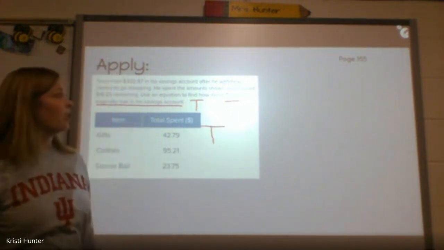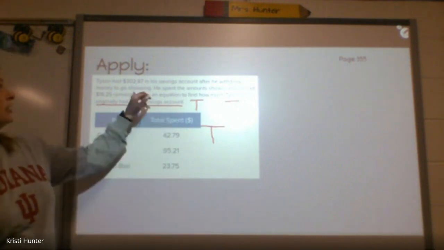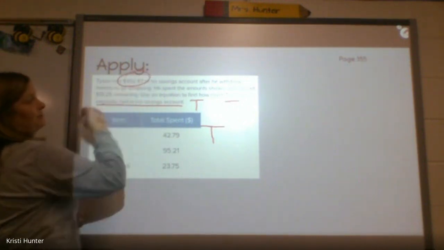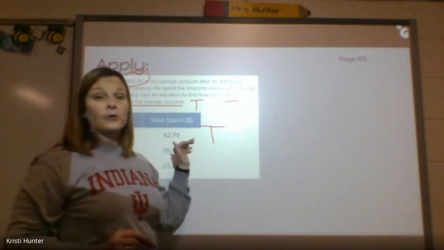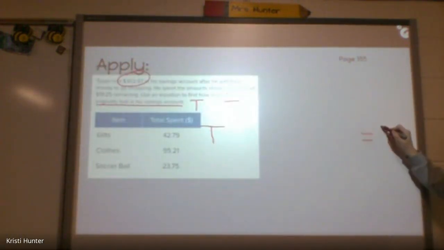So I don't know what Tyson started with, but here's what my problem told me. When he finished, this is what he had in his savings account. So I know at the very end, this has to equal $302.87.